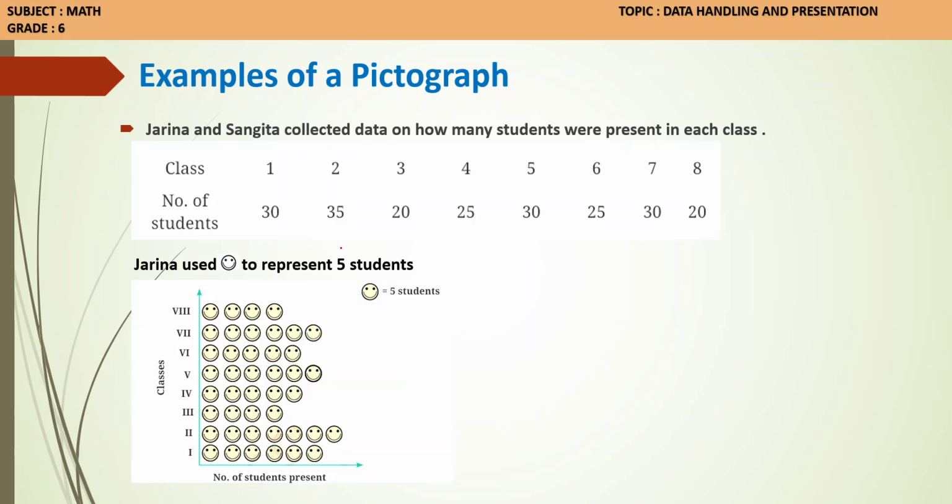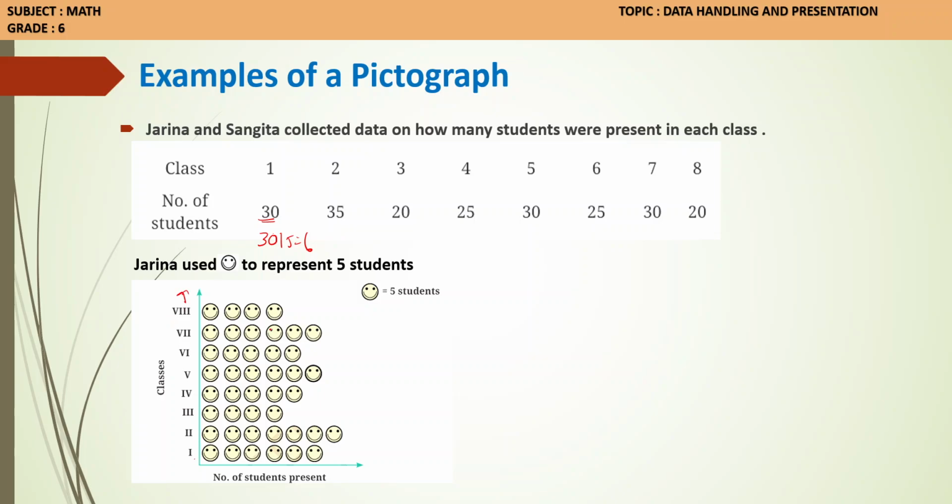See how? Now, for class 1, there are 30 students, and if one smiley icon represents 5 students, how many icons will there be? 30 divided by 5. So this is 6. The number of students is on the x-axis and the class is on the y-axis.